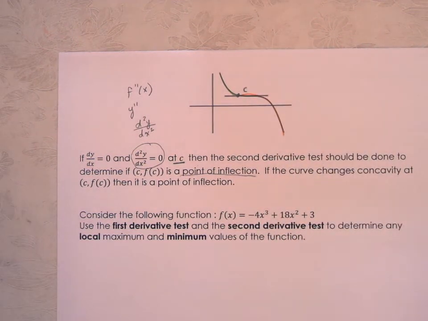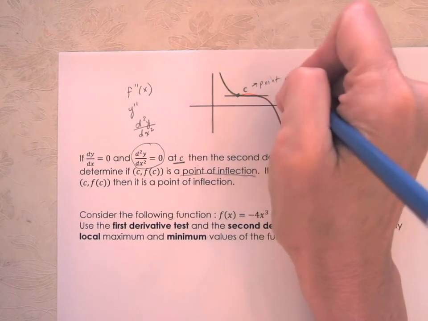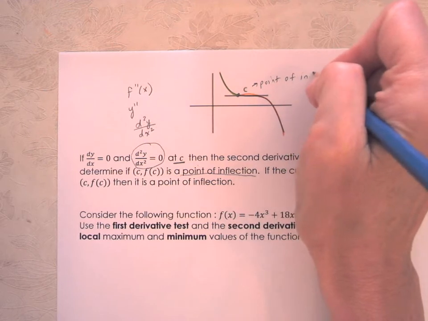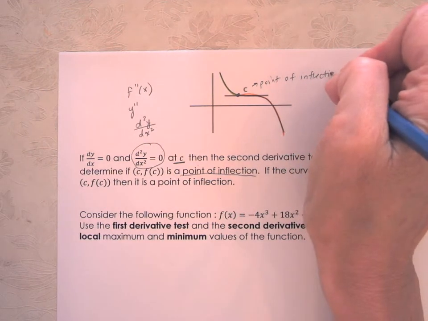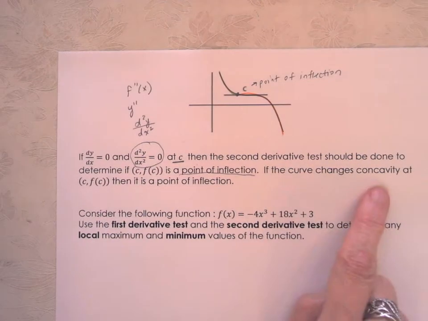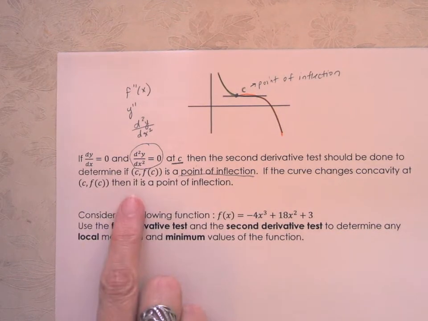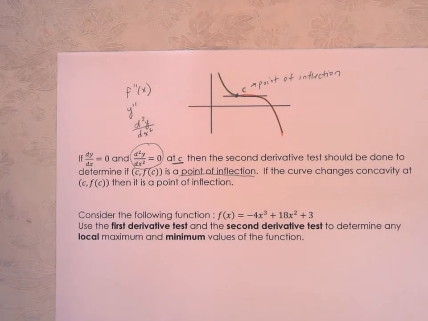So that's what a point of inflection is, where you change from being concave up to concave down, or from being concave down to concave up. And then we've got that definition there. If the curve changes concavity at a certain point, then it's a point of inflection.